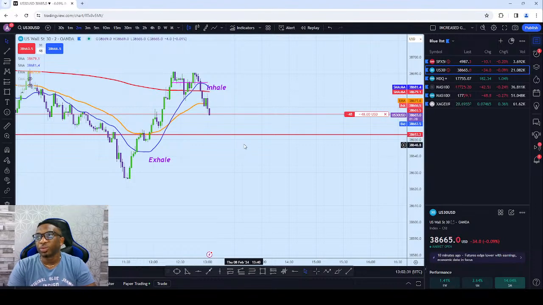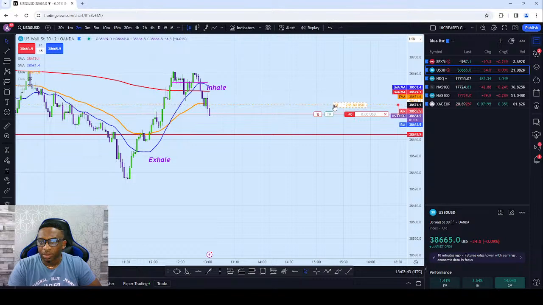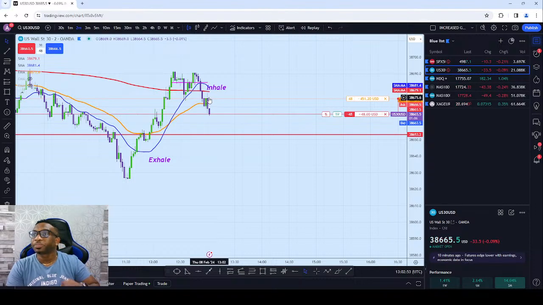Then now from narrow it's attempting to go to a wide state again. So the stop loss will be somewhere here. Okay, a little bit of room. I'll put it at the top here.